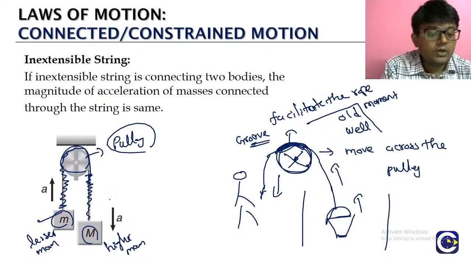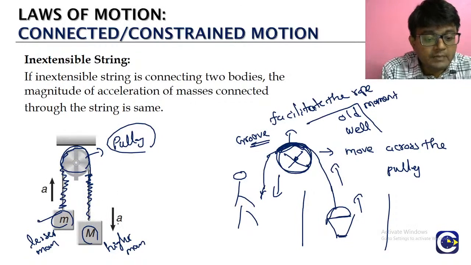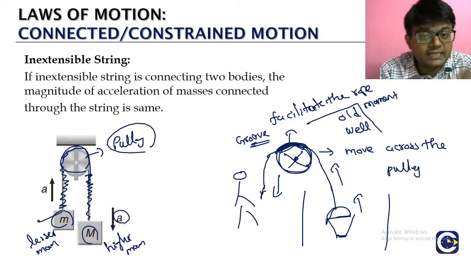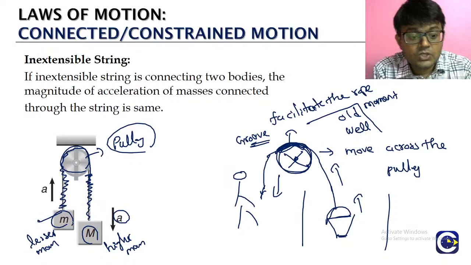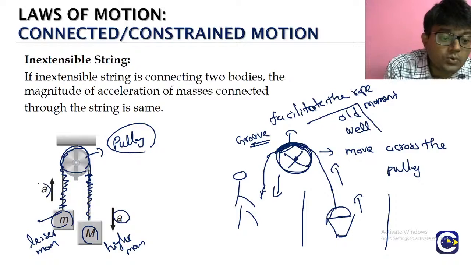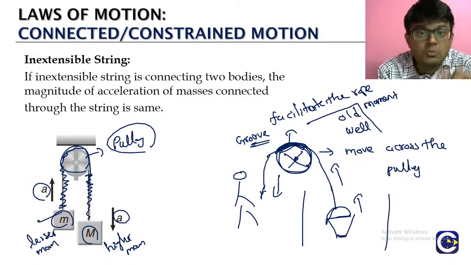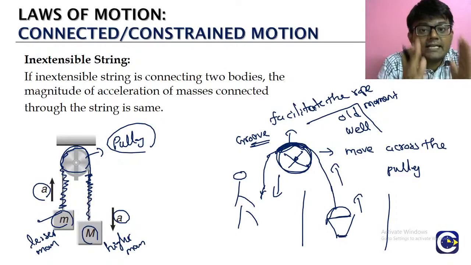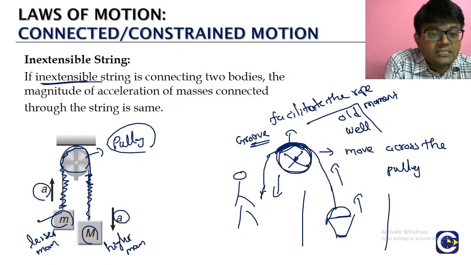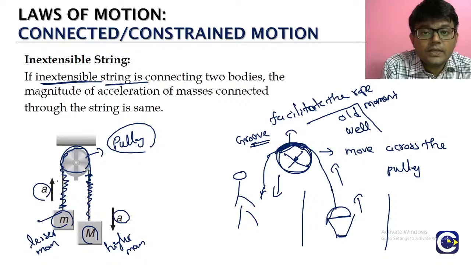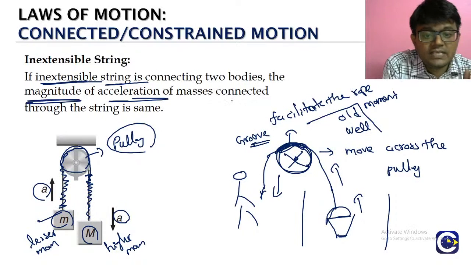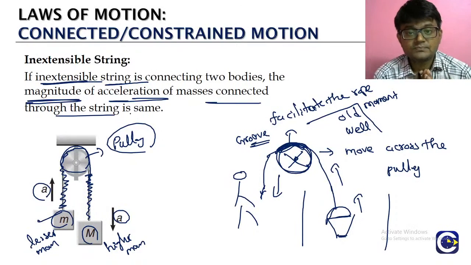Now if the capital M is going down, say with an acceleration a, small m is going to go upwards with the same amount of acceleration. That is why I said here, when the two objects are connected by a rope which is inextensible, the magnitude of acceleration of the masses must be the same.